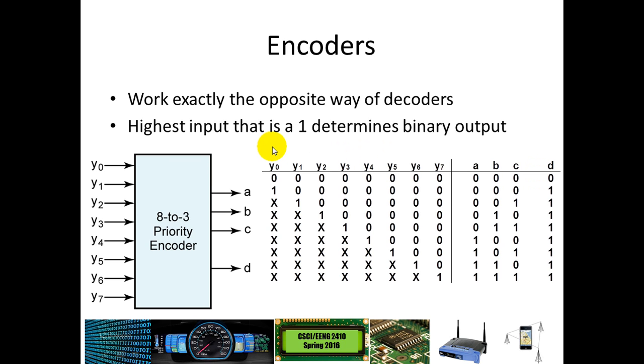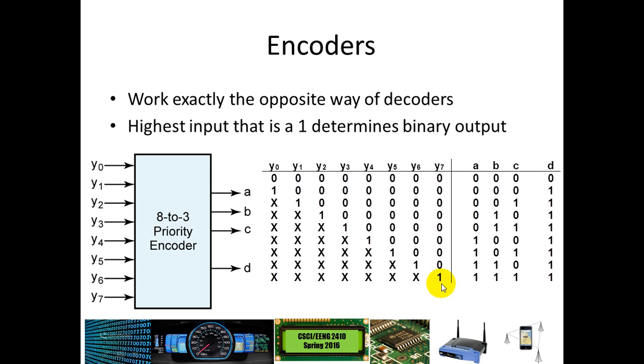You're also going to be looking for which of the inputs, in case you have multiple ones put in there, you're going to be looking for the highest input that is selected. So in this case, if Y7 is selected, all the rest of them are don't cares. You don't care if you also have a 1 on Y0 or Y1 or any of those things.